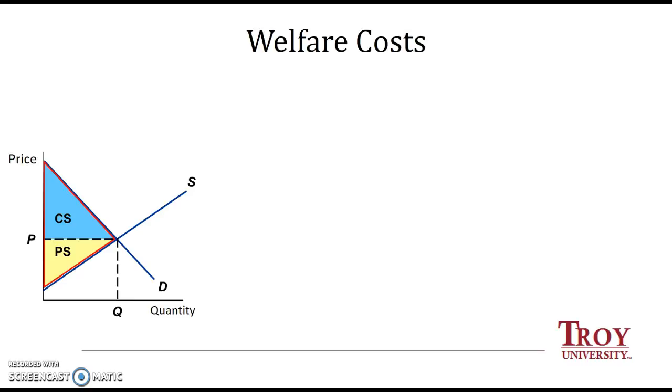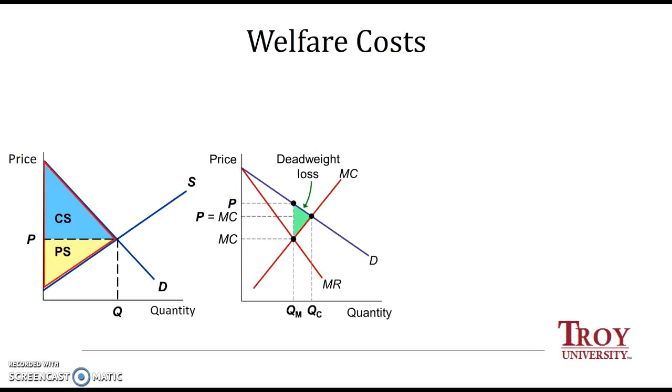Consider the monopoly next. The monopoly creates a scenario in which the consumer pays a higher price, one that is higher than the marginal cost to produce the good. In essence, the monopoly extracts consumer surplus from the market and turns it into economic profit for the monopoly. Notice the green area labeled deadweight loss.